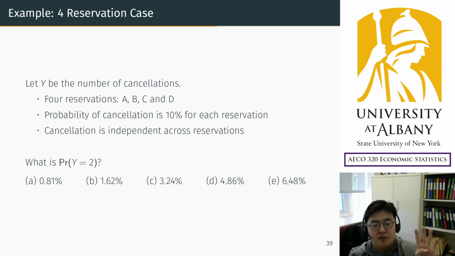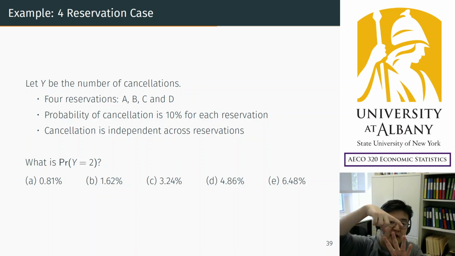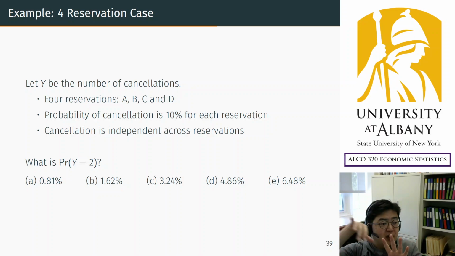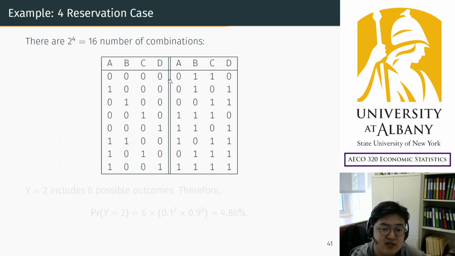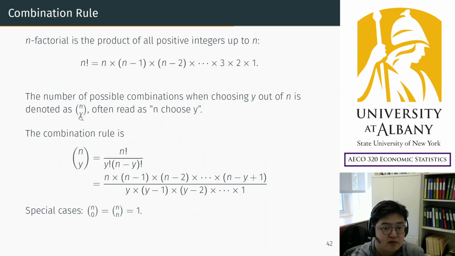So we are going to choose 2 out of these 4 candidate reservations. You can choose like this, or like this, like that, and we are trying to count the number of possible combinations. That is denoted as this. So out of n reservations, we know y are canceled. How many possible combinations are there?